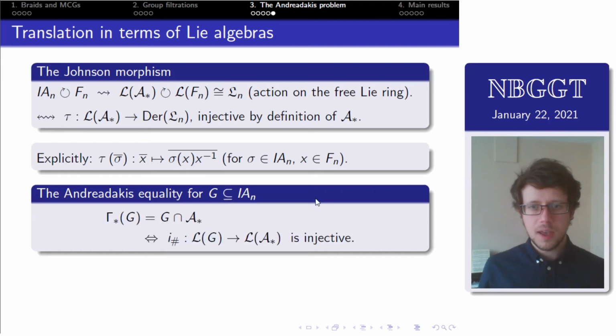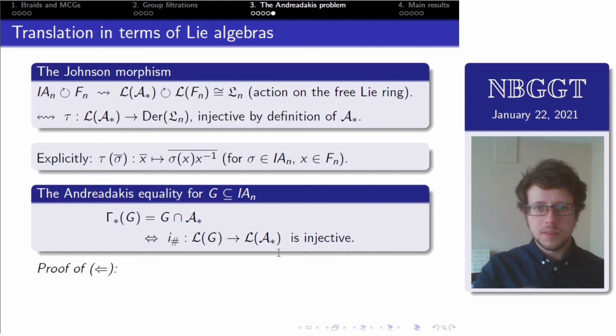And in fact, this is equivalent to the induced morphism between the associated graded, so this is the layering associated to the lower central series, which we can replace by the whole Andreadakis filtration, because it's just the restriction of some filtration, so we can do that. And so let me give you the proof of that, because this is an example of the kind of proof you get when dealing with group filtrations.